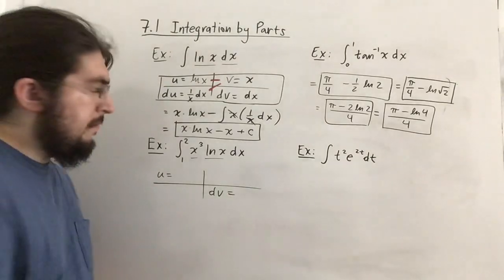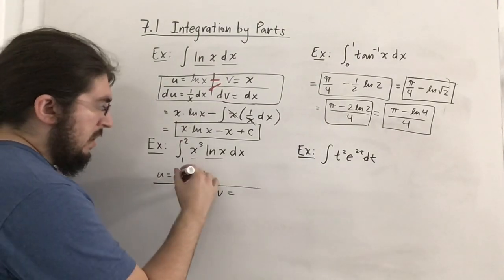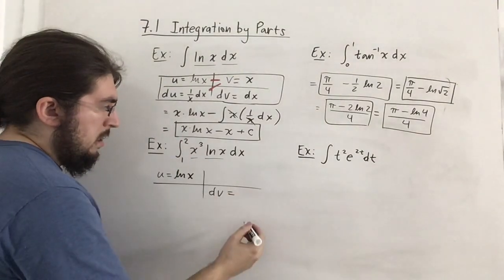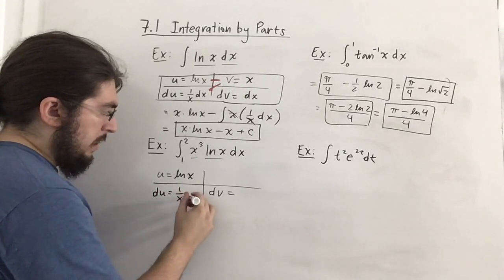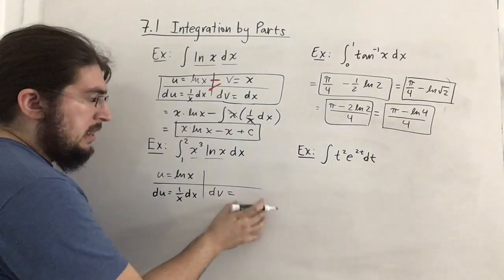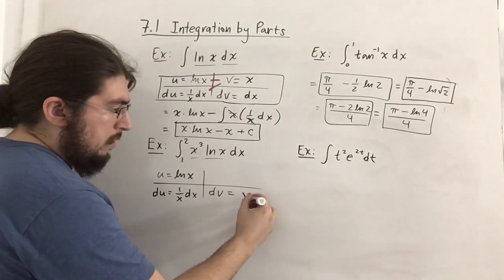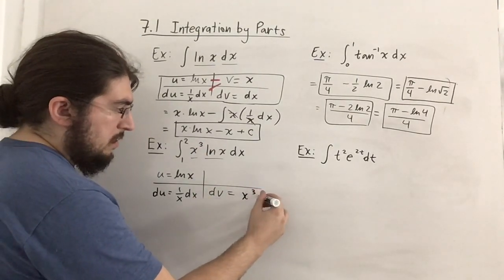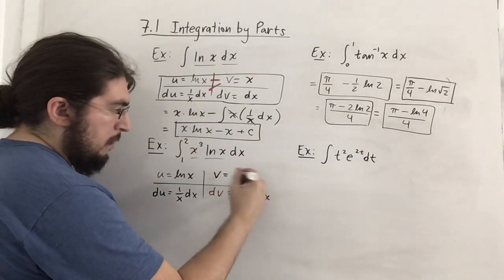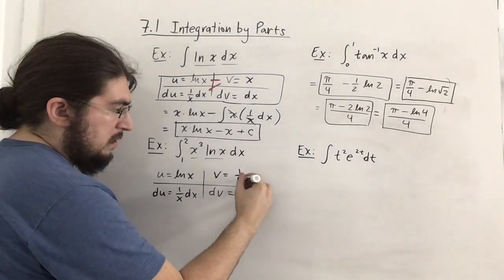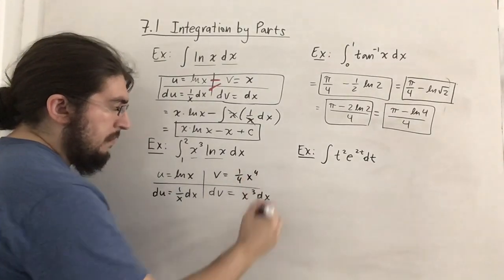And here's why. It's pretty simple to see. If u is ln of x, then du will be 1 over x dx. And notice, since dv would then be a polynomial that's multiplied to ln of x, in this case x to the third, its antiderivative, of course, is also a polynomial. In this case, the antiderivative of x to the third is 1/4 x to the fourth.